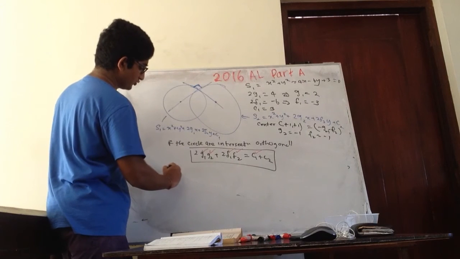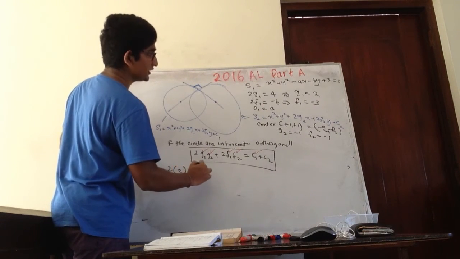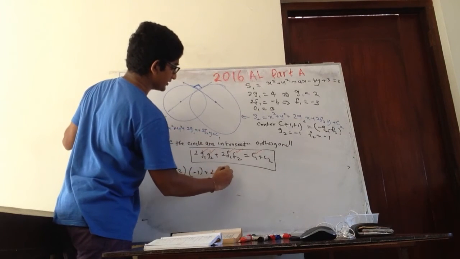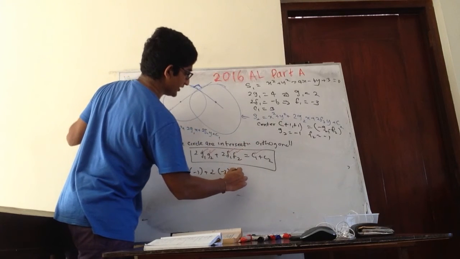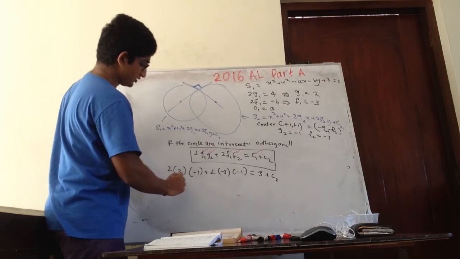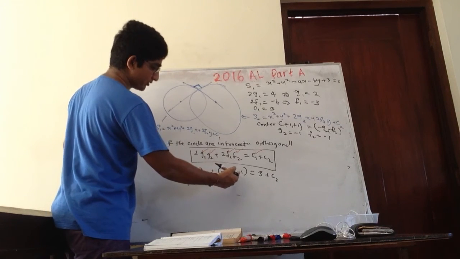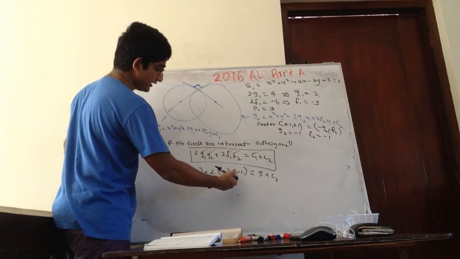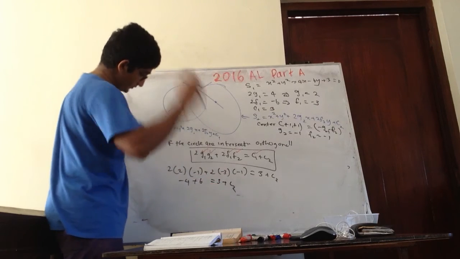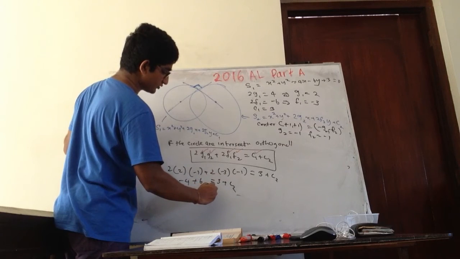Now 2 times g1g2: g1 is 2, g2 is minus 1. 2 times f1f2: f1 is minus 3, f2 is minus 1. c1 is 3 plus c2. This is going to be minus 4, minus 3 minus 1 is going to be plus 1, plus 3, plus 3 into 2 is going to be 6, 3 plus c2. This is going to be 2, 2 minus 3 is going to be minus 1, so c2 is going to be minus 1.